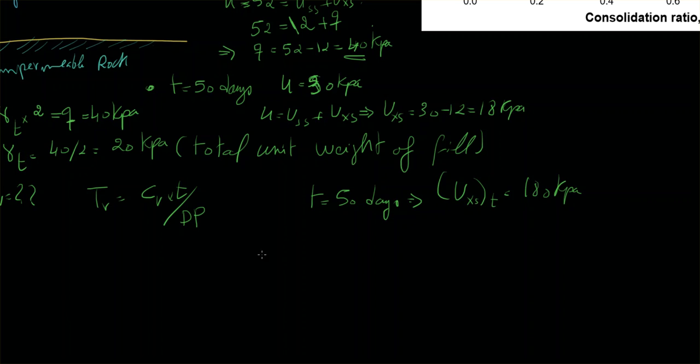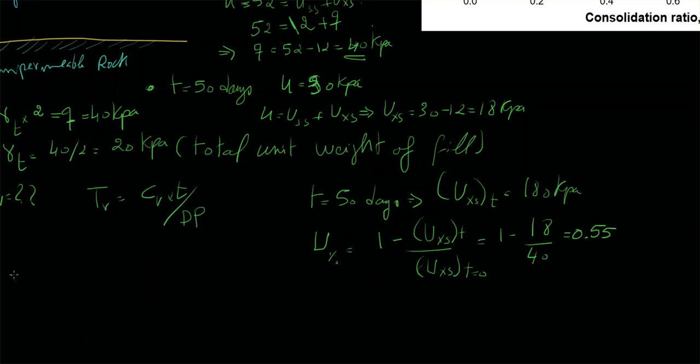Now, we know that the rate of consolidation is nothing but 1 minus U_xs at time t over U_xs at time 0, which is the surcharge. So it's going to be 1 minus 18 over the surcharge, 40. That will give us a value of 0.55. Okay?